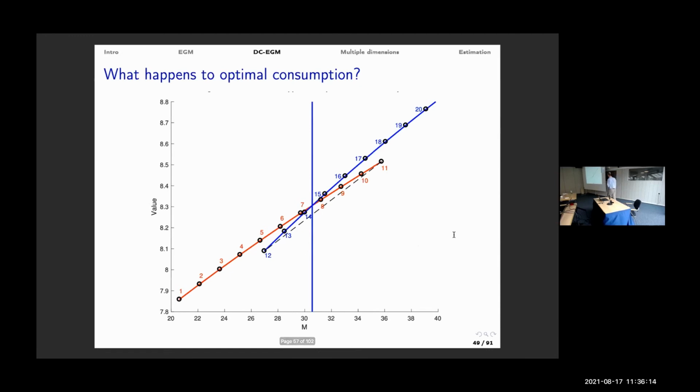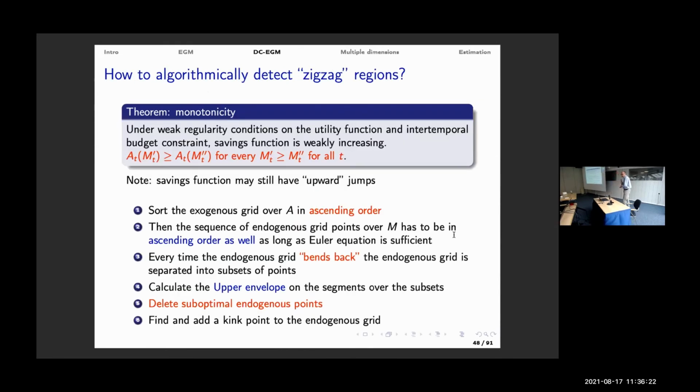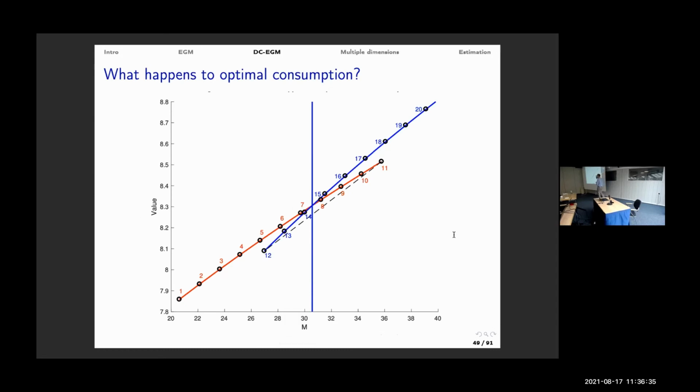So once again, with numbers, we can show that we can actually track the situation. Under certain conditions on the utility function, we can show that the monotonicity of the savings actually holds. So if we generate the points on the grid of savings going from the lowest savings to the higher, we should not see resulting wealth going back.